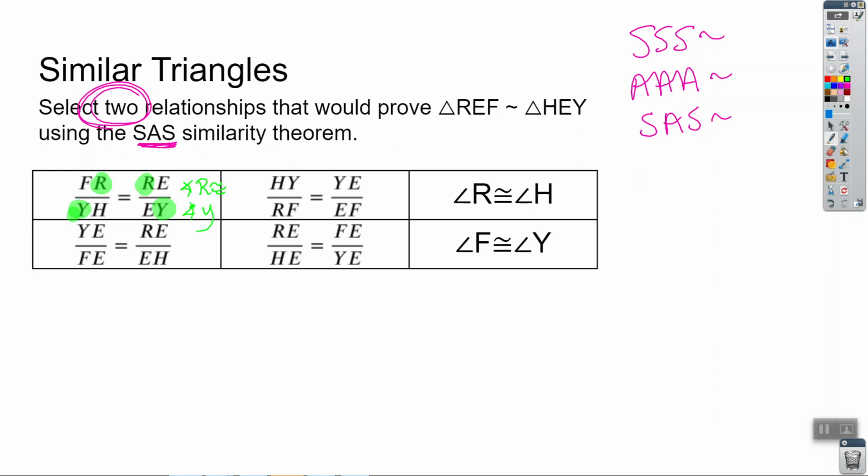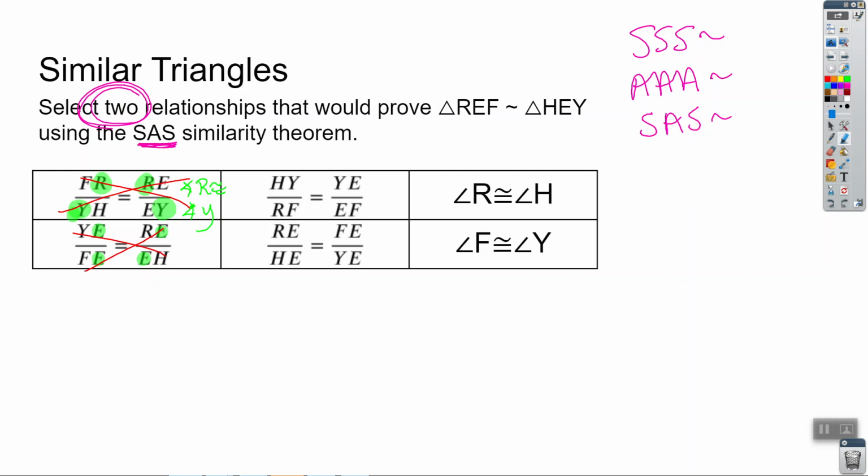I don't have that over here. Because I don't have it over here, I know that that one doesn't work. So the next one below it, I see that I have E and E. I don't even have an E over there. So once again, what that tells me is that's a bad choice.